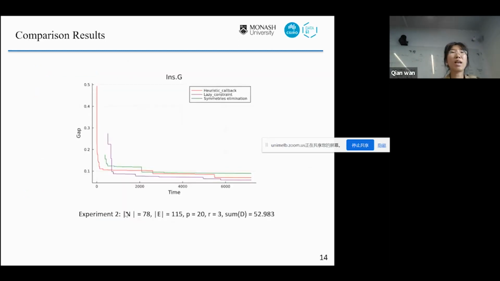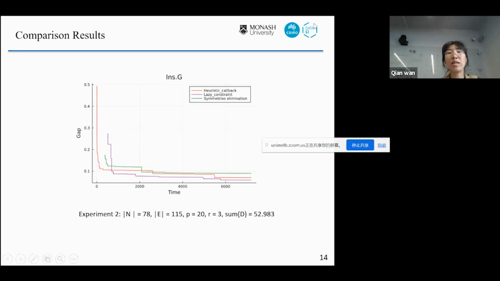This graph is a comparison of results among the different techniques. The x-axis is the time consumption, while the y-axis is the corresponding gap. From the graph, we can see that the basic model fails to obtain a solution.